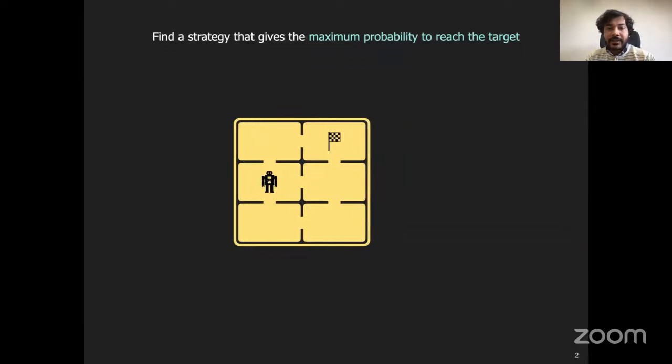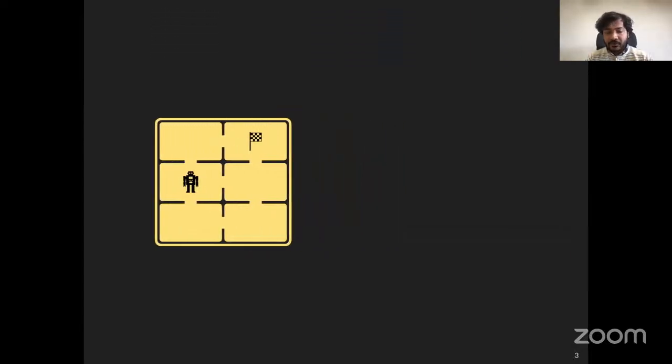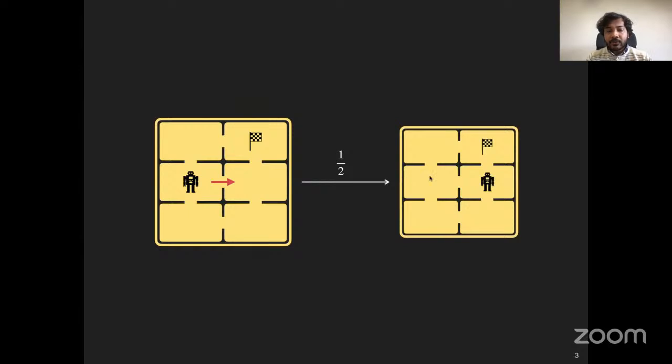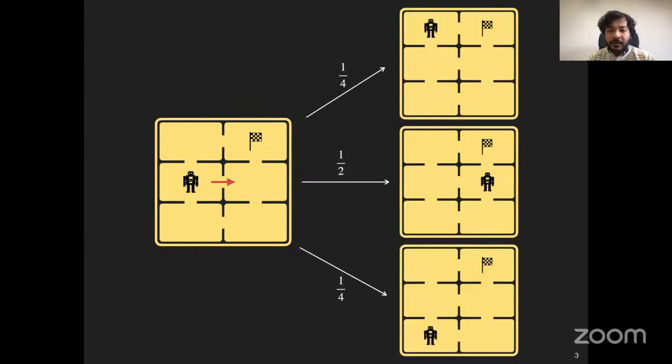Now you will ask me, where is the probability coming into the picture? So let me tell you that. Suppose this is where the robot is and you ask the robot to go to the right cell, right? So you ask the robot to move right. Then with half probability, the robot indeed moves right. But with 1/4 probability, it slips. So it can either go up or go down, right?